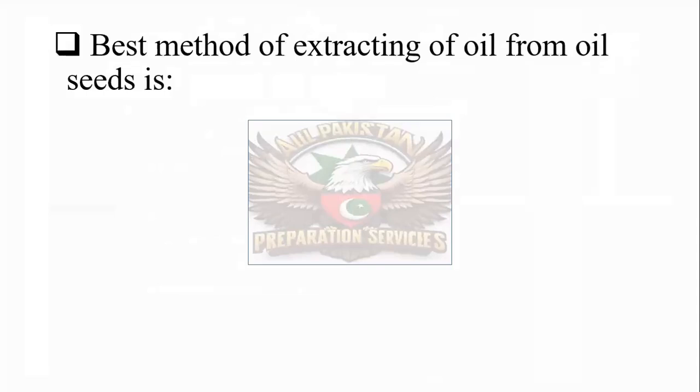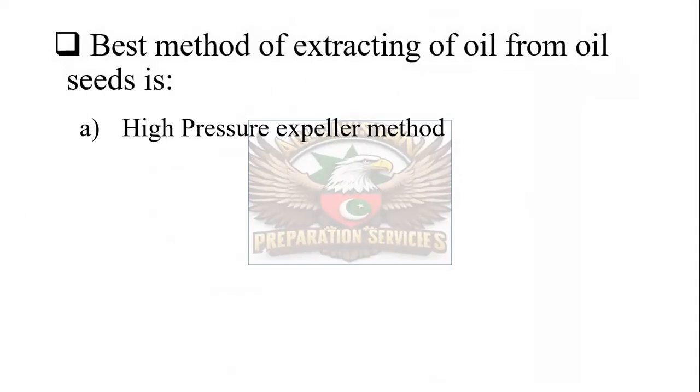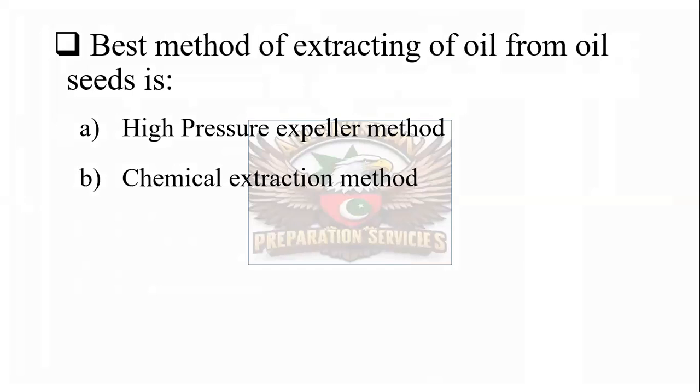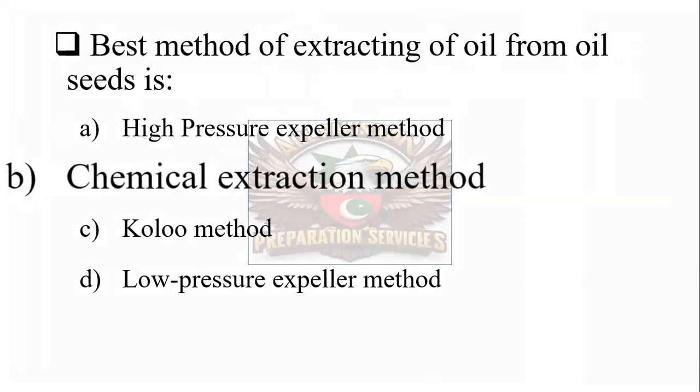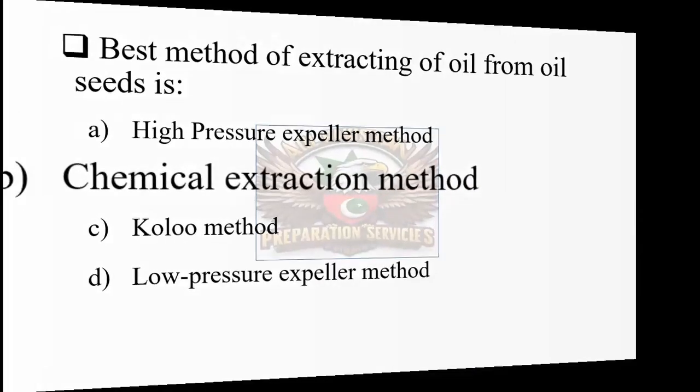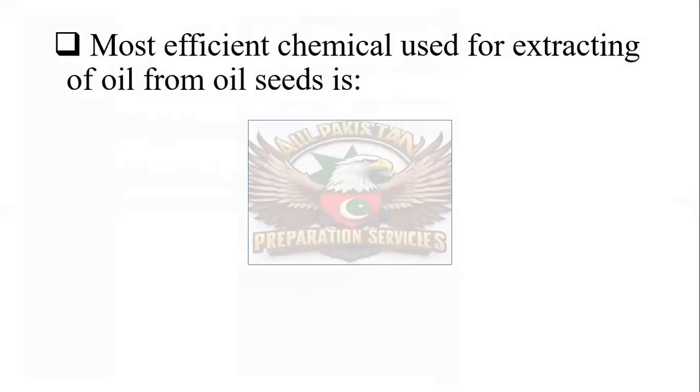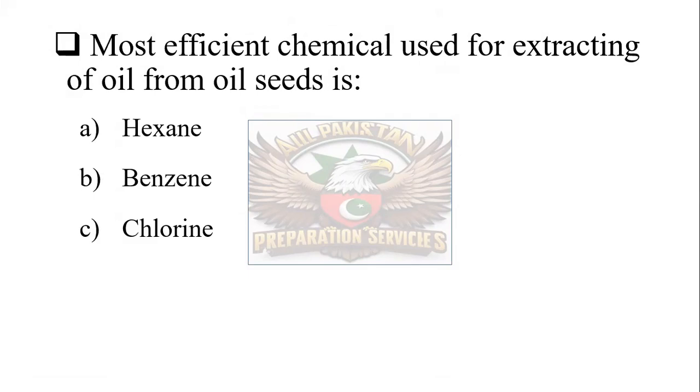Best method of extracting oil from oil seed is high pressure expeller method, chemical extraction method, kilo method, or low pressure expeller method? The correct one is chemical extraction method. Most efficient chemical used for extracting oil from oil seeds is hexane, benzene, chlorine, or mustard gas?